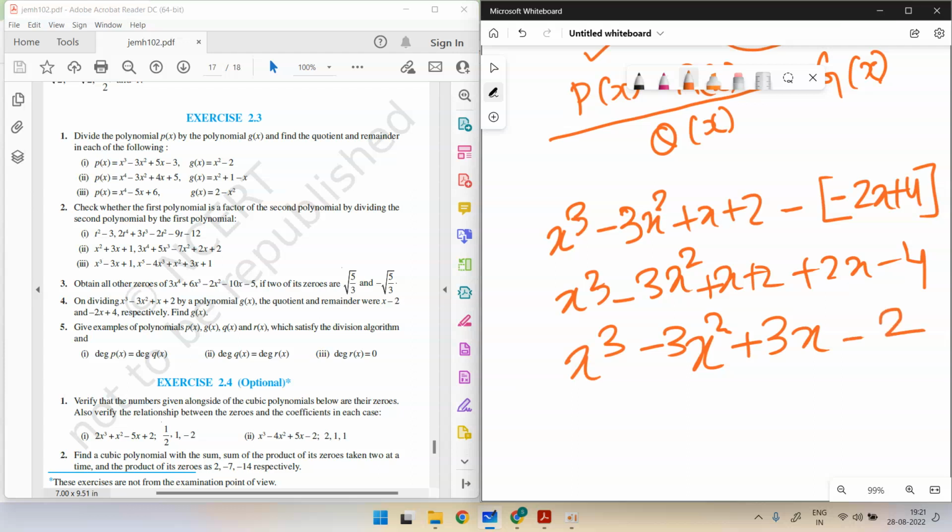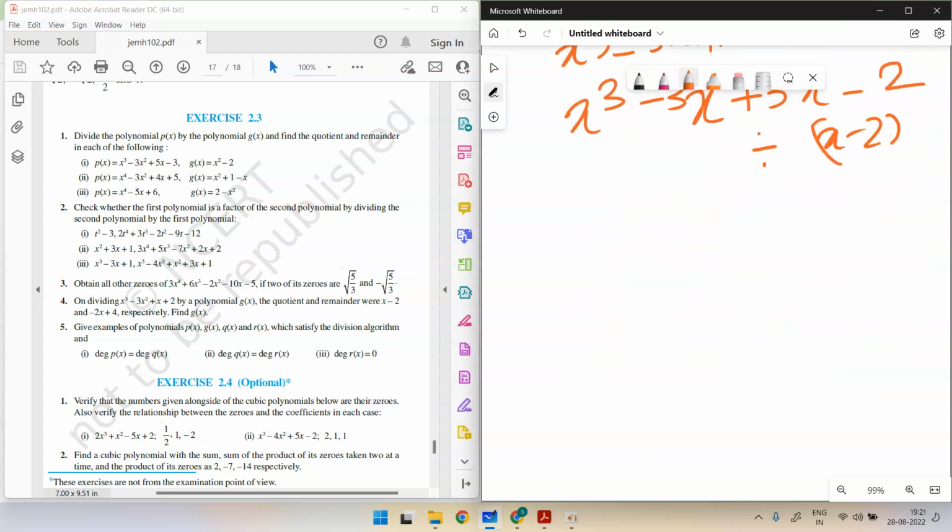You need to divide this with your quotient of x minus 2. So x minus 2 will be here, and we need to divide this by x minus 2.